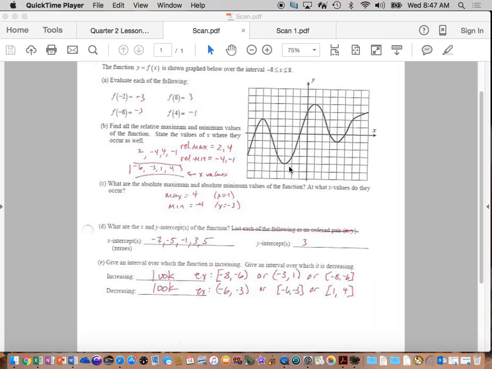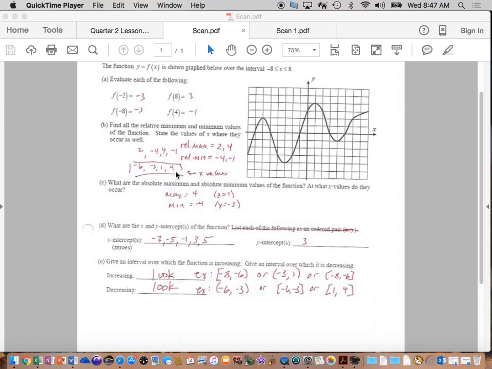When I'm dealing with -4, it's at -3 for x. When I'm dealing with a height of 4, it's at 1 for x. And when I'm dealing with a relative minimum of -1, I am at where x is equal to 4. So I listed the x values that went with the relative maximums and the relative minimums.